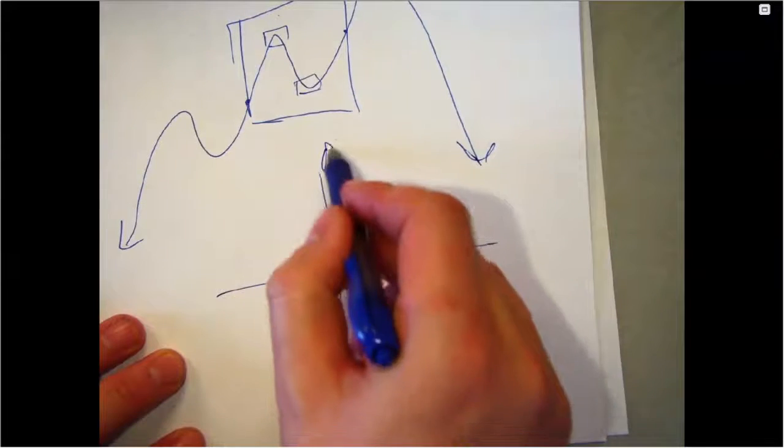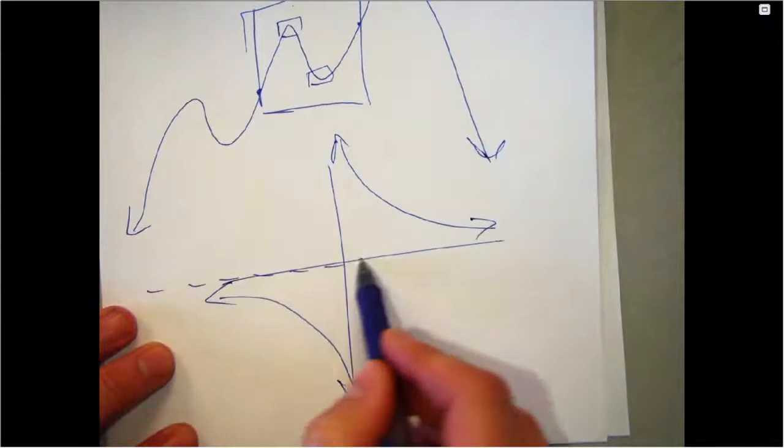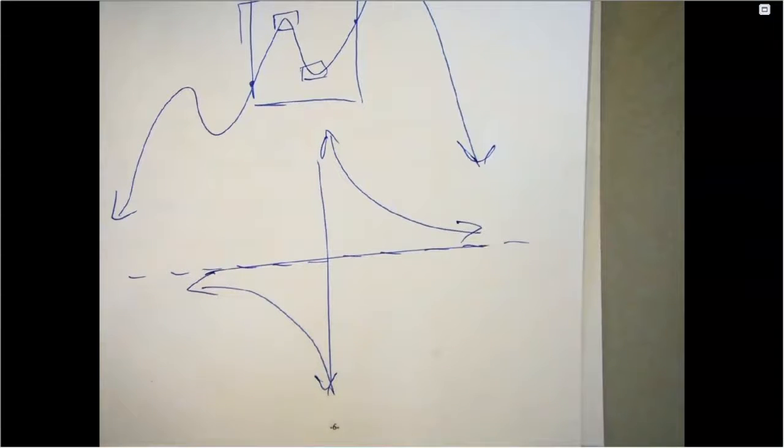Yeah, Mr. Zeller. One over x goes like this. No, because if you say, okay, so what's the smallest point? That's 0, but not quite 0. Whatever number you say, I can give you a number between that and 0.